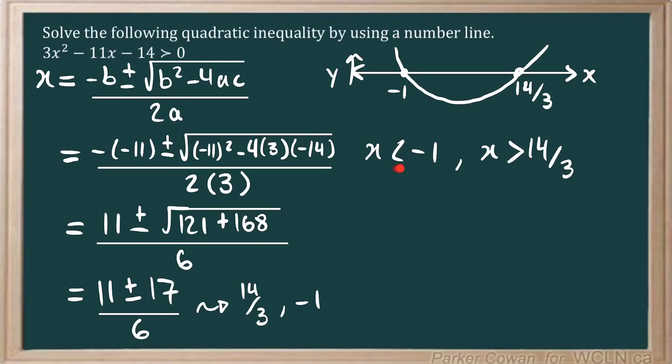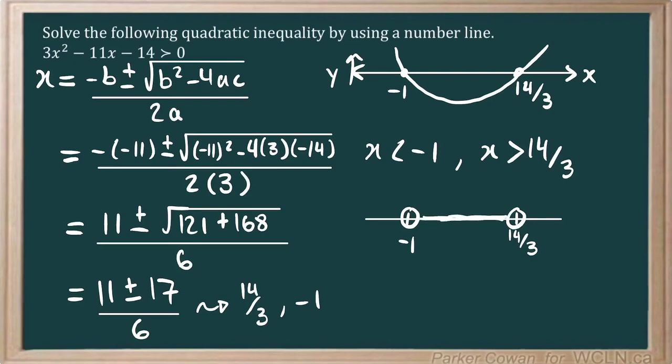And we just have to make sure that we're using normal greater thans and not greater than or equal to. And so if we draw out this number line, we'll have 14 over 3, negative 1, and we'll be using hollow circles to represent this sign, right? Because a solid circle is when it's greater than or less than and equal to.